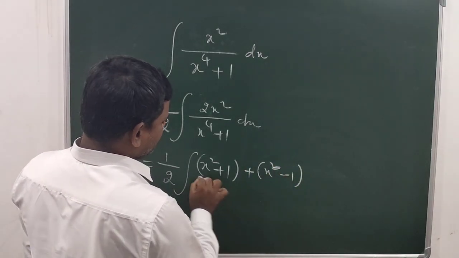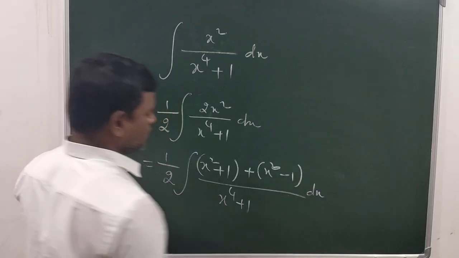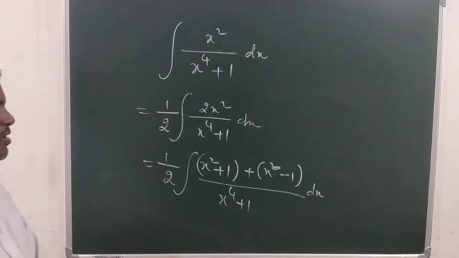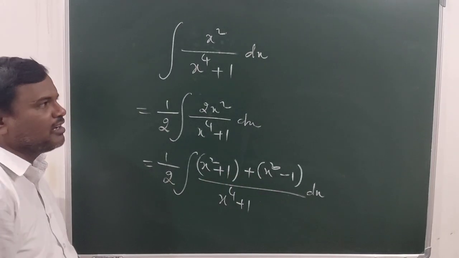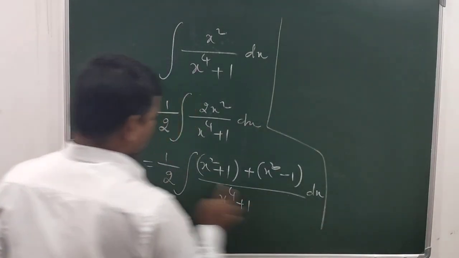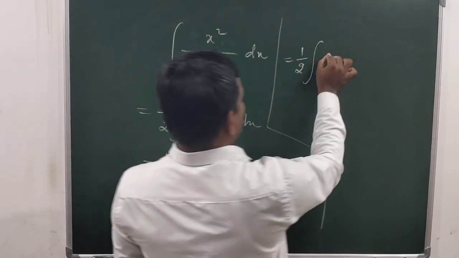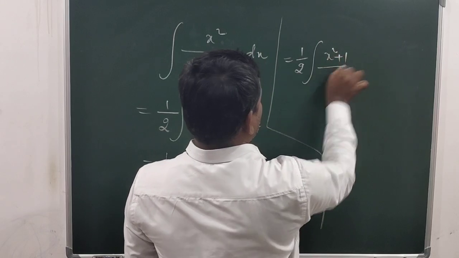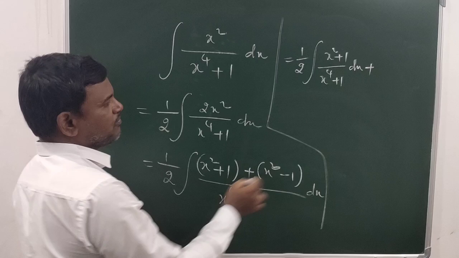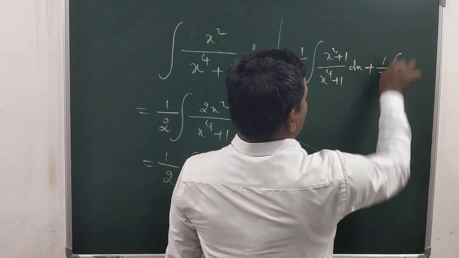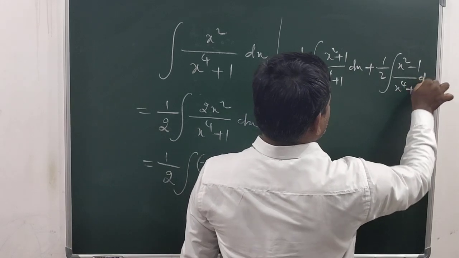Can I write? See, observe this. I wrote a plus 1 and minus 1 over here. In the next step, you can write this as 1 by 2 integral of x square plus 1 by x to the power of 4 plus 1 dx, and this one 1 by 2 integral of x square minus 1 by x to the power of 4 plus 1 dx.